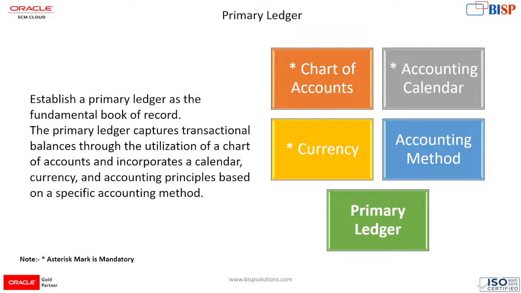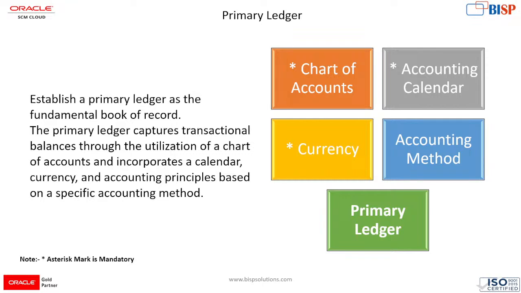These ledgers are closely linked with subledger transactions, providing essential context and accounting information for them. Once the ledger is saved, it is important to note that changes to the chart of accounts, accounting calendar, or currency cannot be made. So you cannot change that.